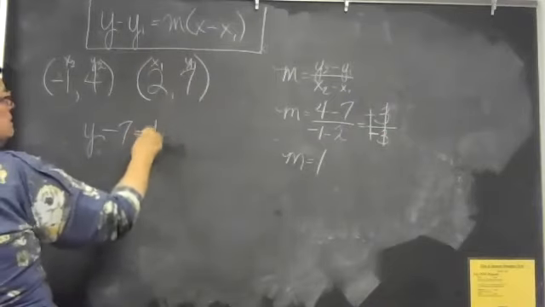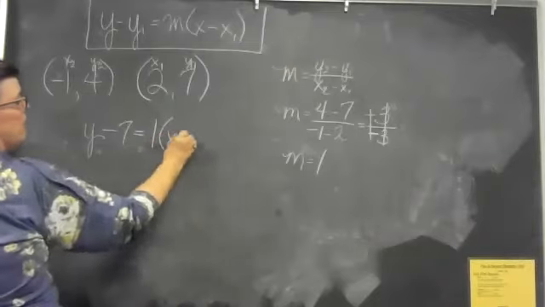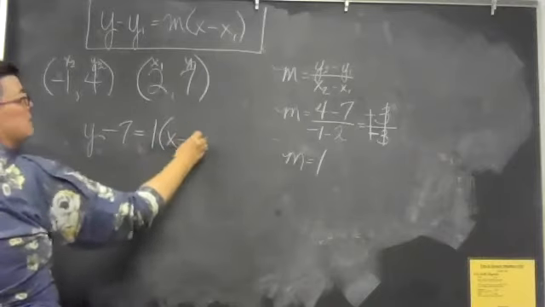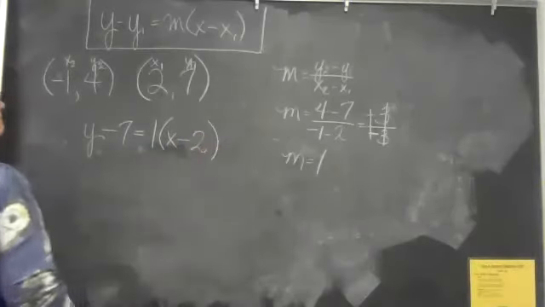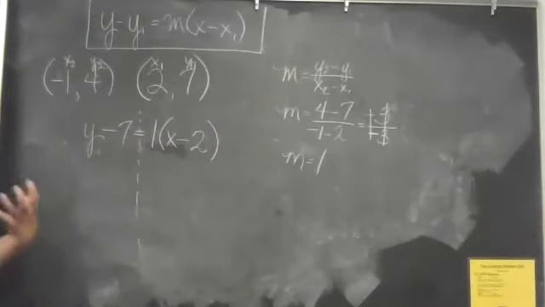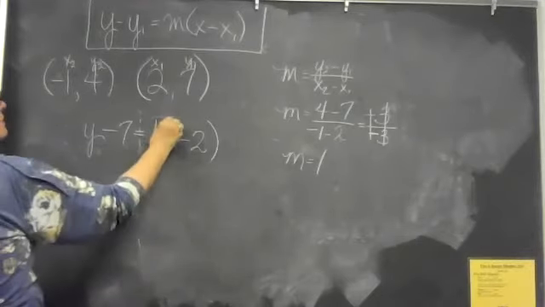I bring it back here. X stays an X minus whatever X1 is. All I have to do is solve it now that I've got everything in my equation up here. So first of all, I have to take care of the parentheses.